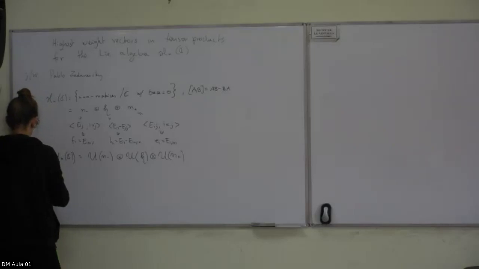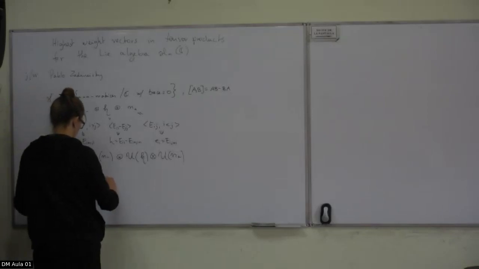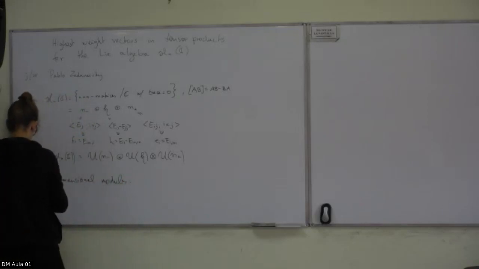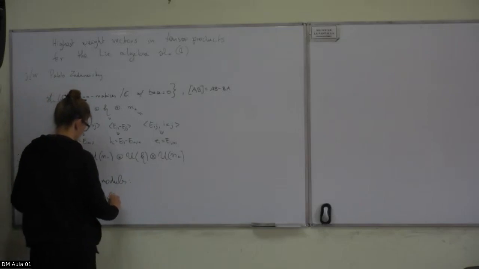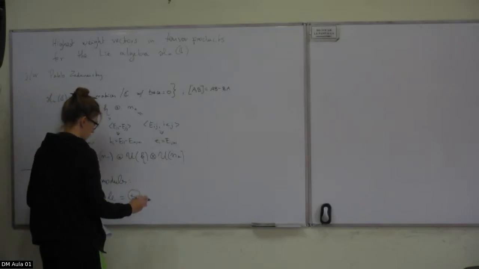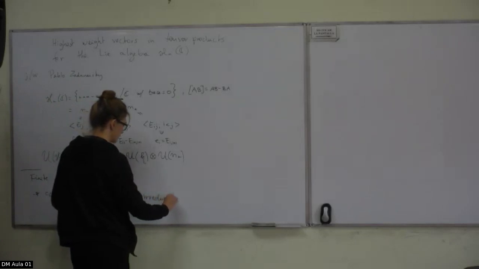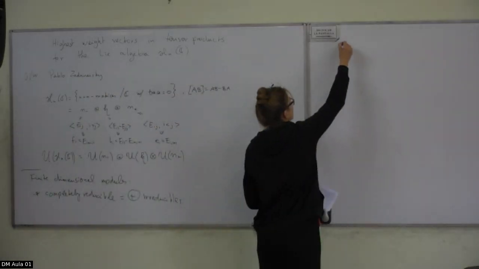Finite dimensional modules are, first of all, completely reducible into sums of irreducible modules, which makes it even more important to understand the classification.